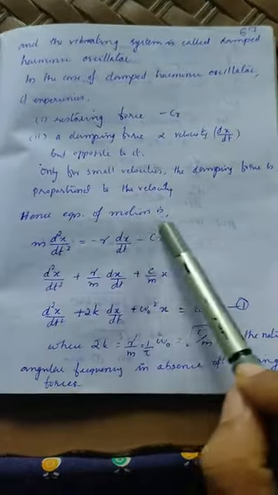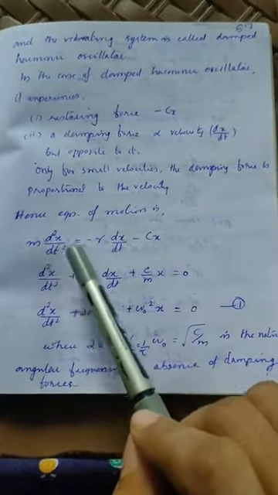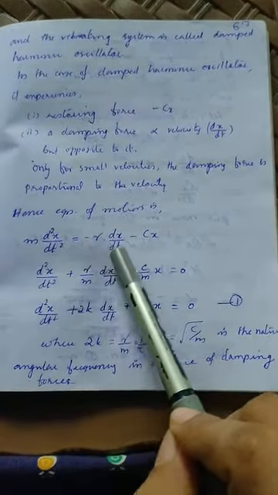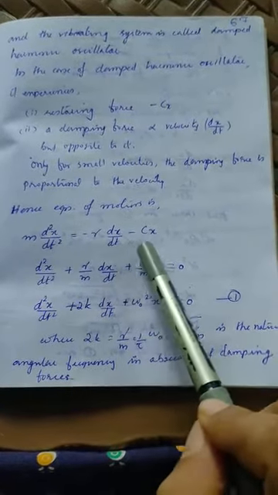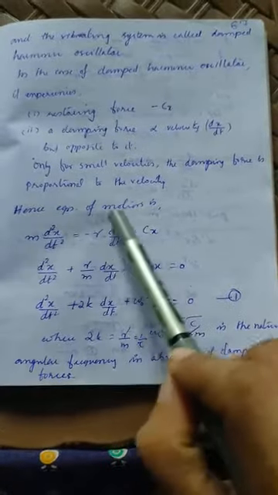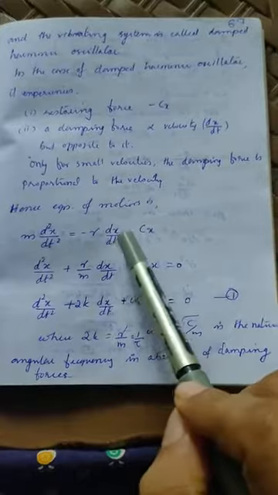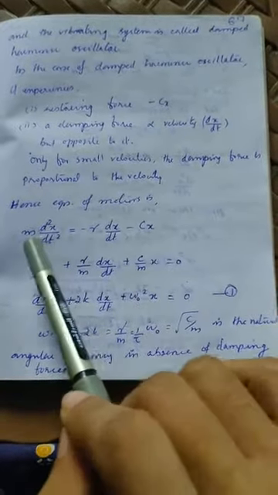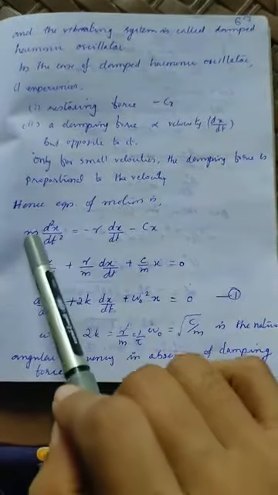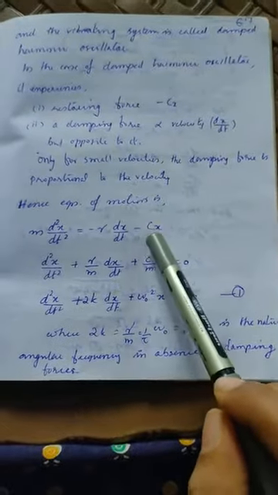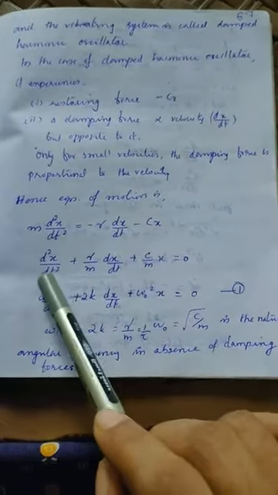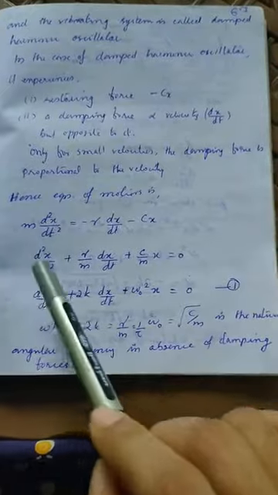Hence the equation of motion can be written as force equal to the sum of the damping force plus the restoring force. If we take the right side terms to the left side, the equation will become like this.